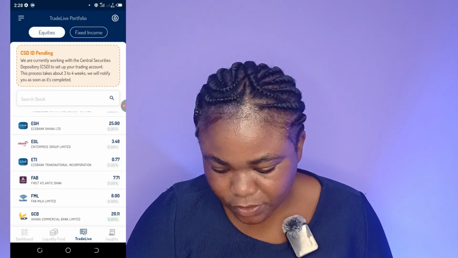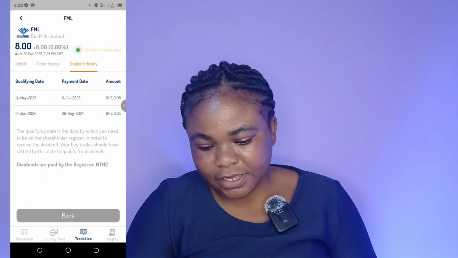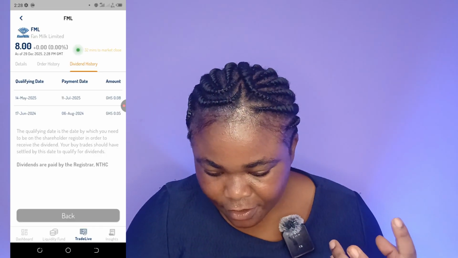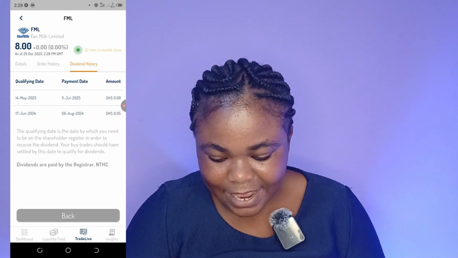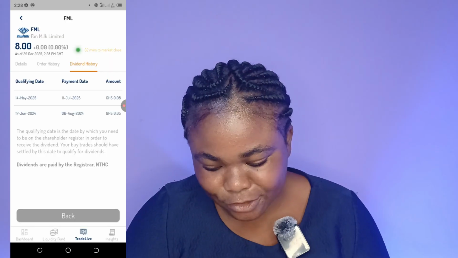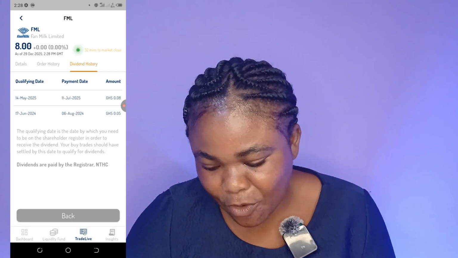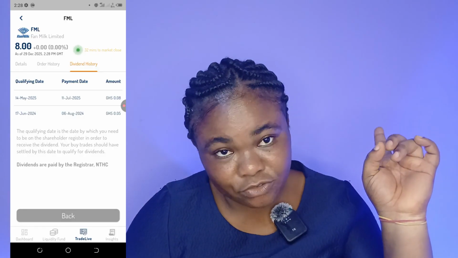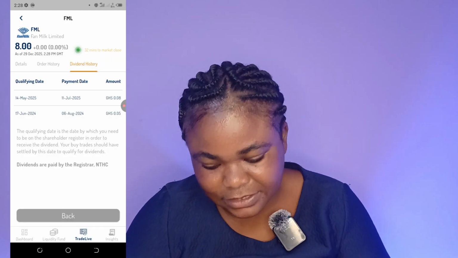When you scroll down, Farm Milk also pays a dividend. On 14th May 2025, they paid a dividend, from 14th May to 11th July 2025, they paid 0.08. And last year, 2024, they paid a dividend of 0.05.